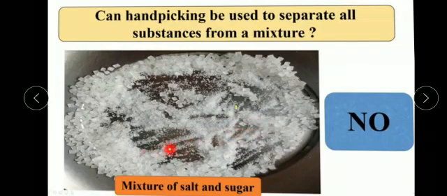Now can you separate salt and sugar just by hand picking? The answer is no. Why? Because the two components mixed here are very small in size and practically it is impossible to separate them by your hand.